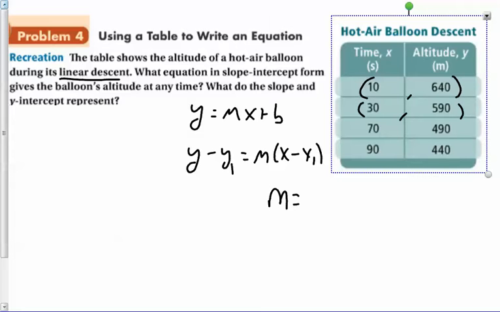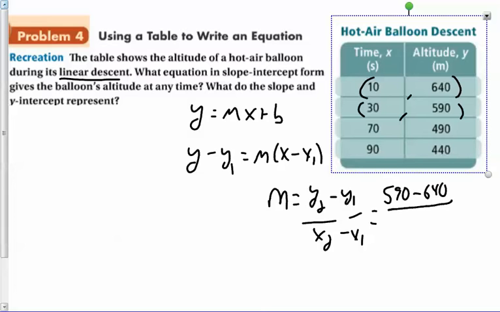The slope is y2 minus y1 over x2 minus x1. So with that, let's see. Y2 is going to be 590 minus 640 over 30 minus 10. So 590 minus 640, that's going to be a negative.